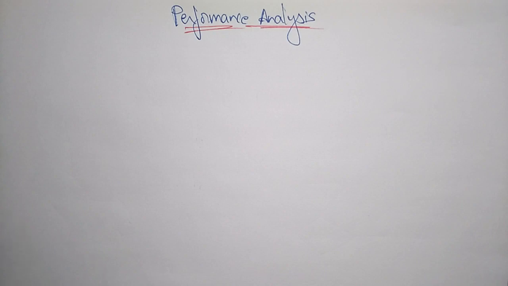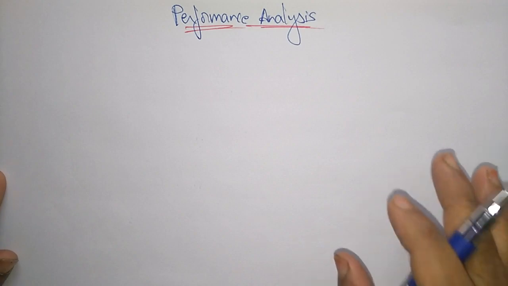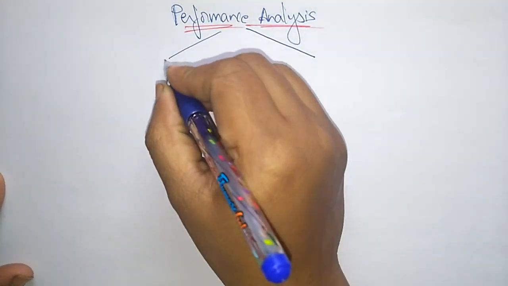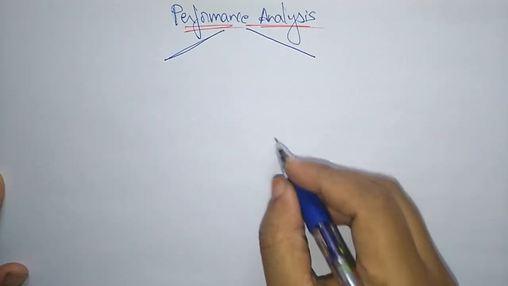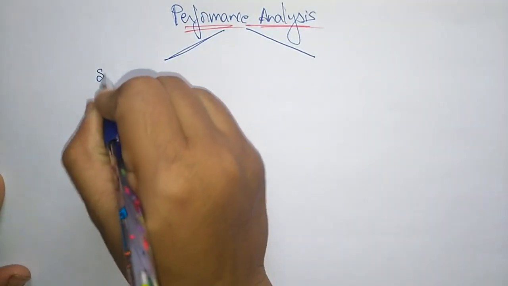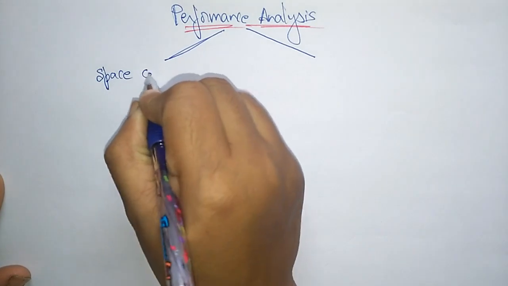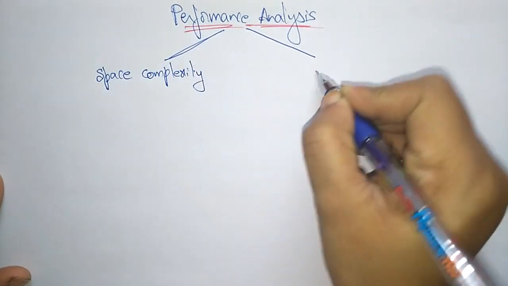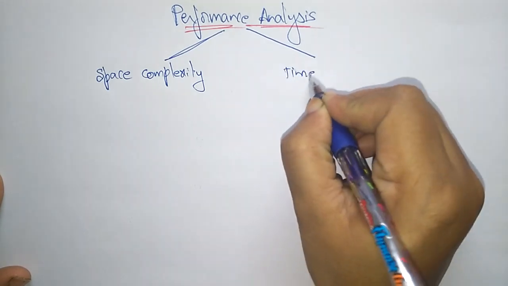So we have to check the performance of an algorithm. The algorithm performance can be analyzed by using two techniques. With the help of two measurements we can analyze the algorithm: the space complexity and time complexity.